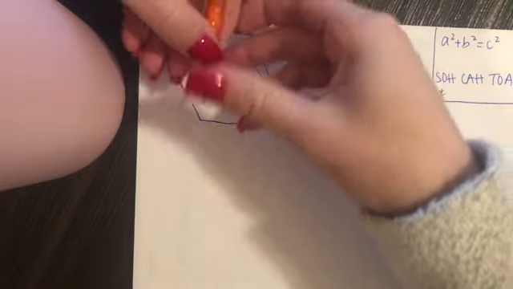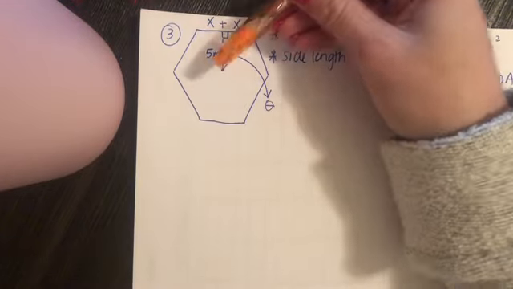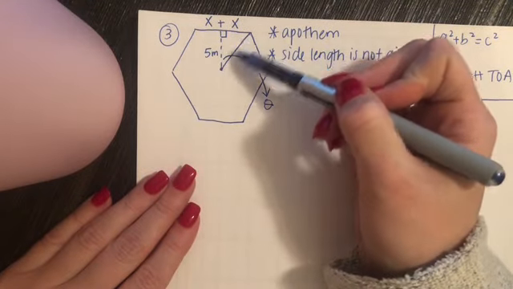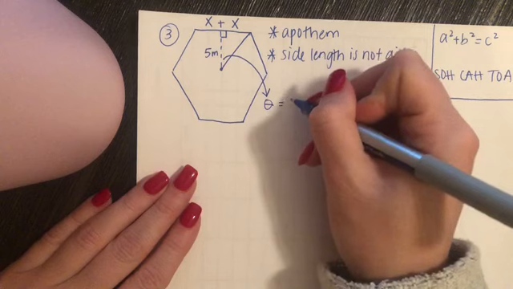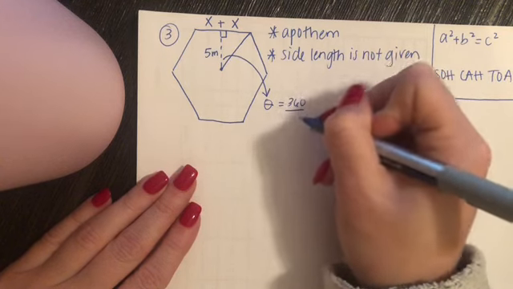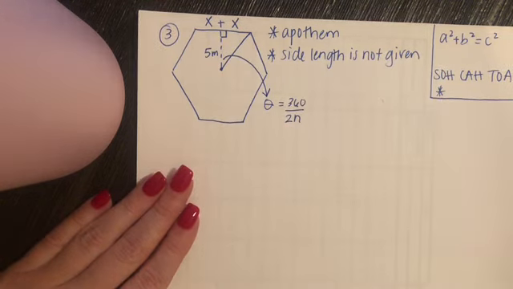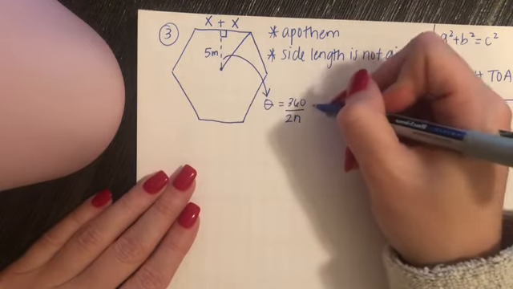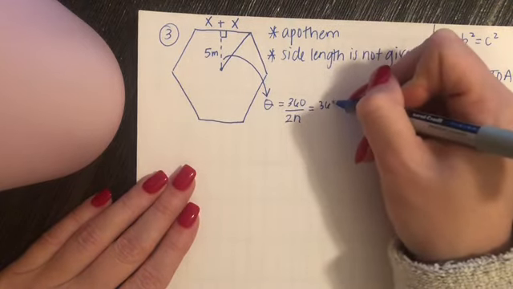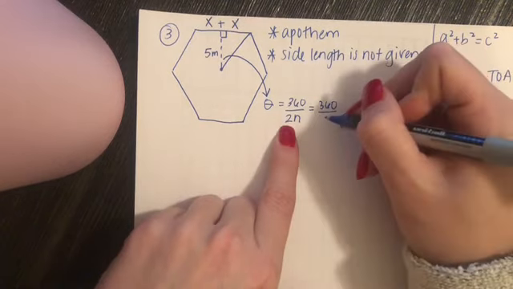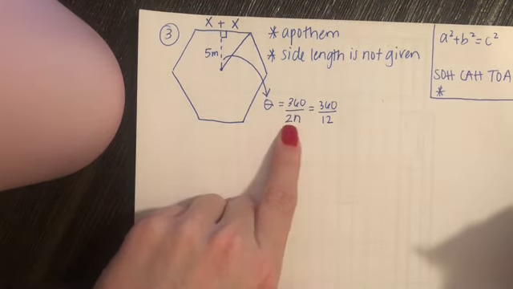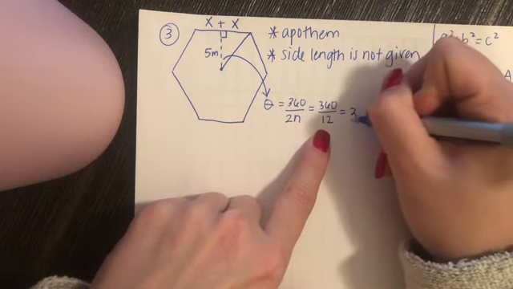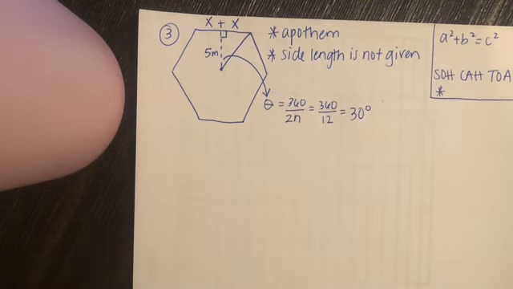Well, that means in order to calculate just what theta is for this pizza slice, we're going to take 360 and divide it by 2 times the total number of sides. Well, this is a hexagon, right? 6 sides. So that means we're taking 360 and dividing it by 12. 2 times 6 is 12. That's giving us 30 degrees for theta.